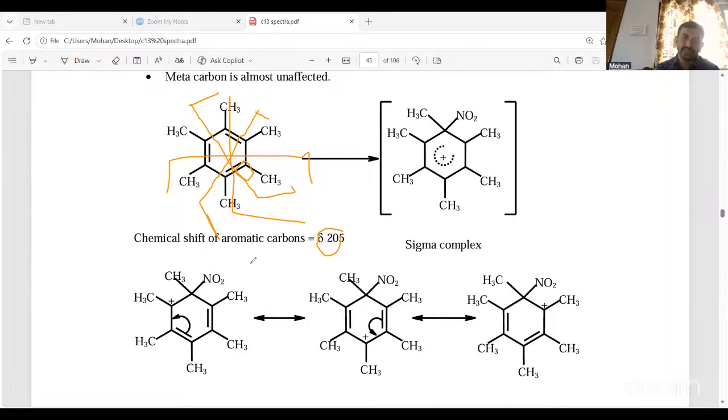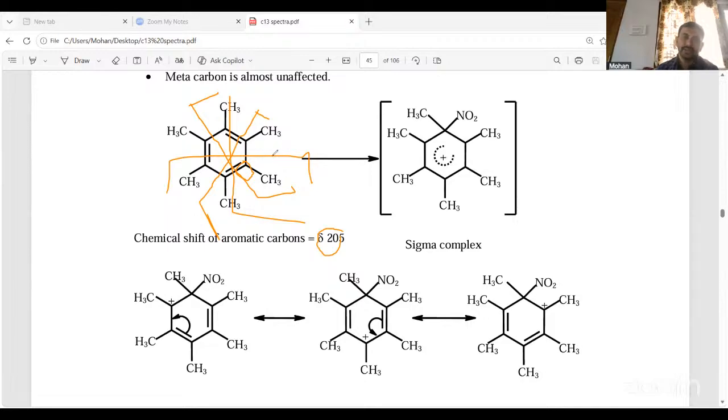Concerted mechanism means a single-step reaction. Okay, concerted mechanism means a single step, where the reaction is completed in one step. The reactant gives a product, that's all. And non-concerted means multiple steps are involved in the reaction. Right? So it proceeds through the formation of an intermediate compound, and the concerted mechanism proceeds through the formation of a transition state.